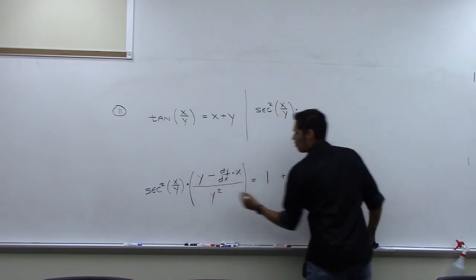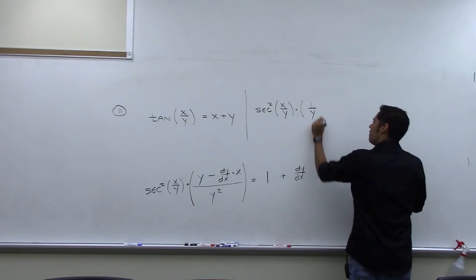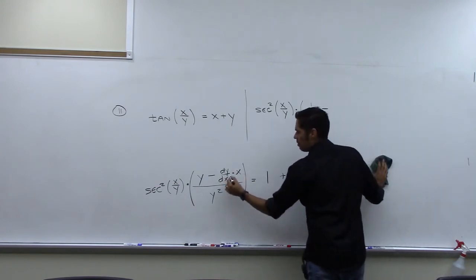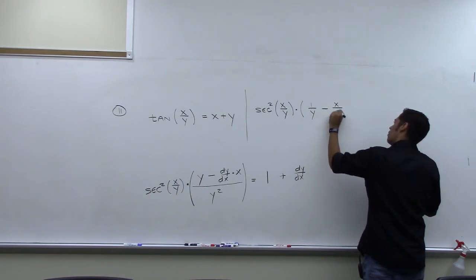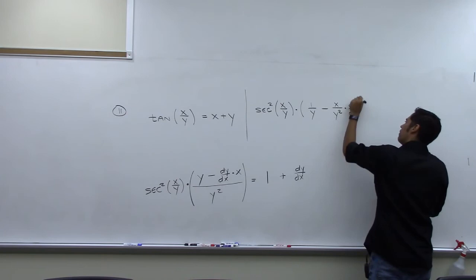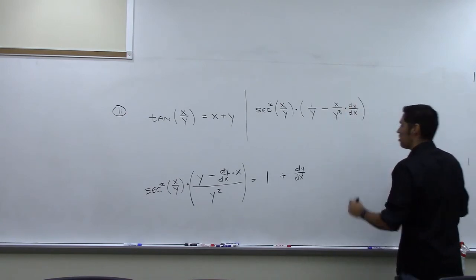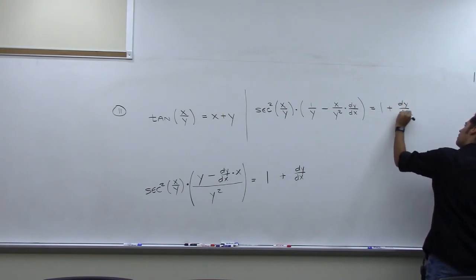It's y over y squared, that's the same as 1 over y, minus, and then this over this, which is going to be x over y squared, and then dy dx, like that. So I just split it into two terms, and then it equals 1 plus dy dx.